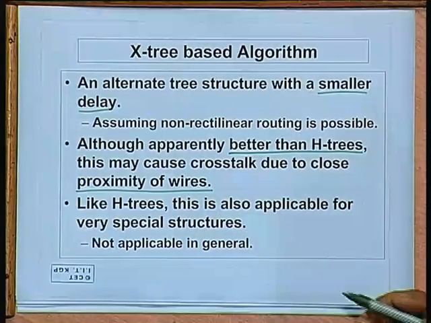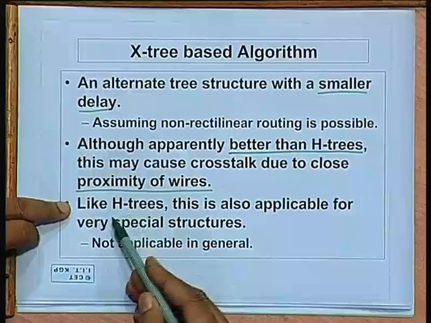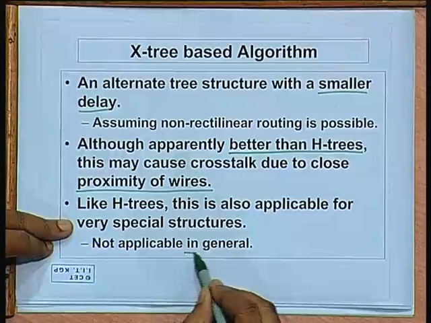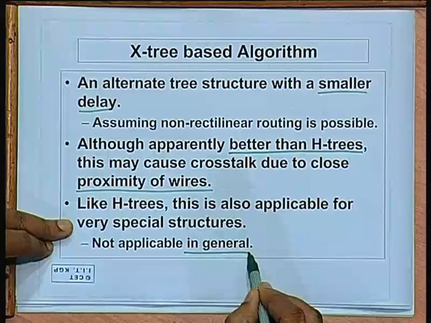So the capacitive coupling of the wires may not be uniform all throughout. This is one drawback of this X-shaped structure. And the X-tree based algorithm is also suitable for distributing the clock signals regularly. So it is applicable to structures like FPGAs or gate arrays, not applicable in general ASICs.